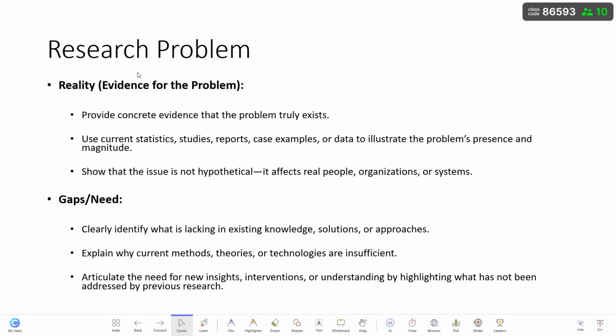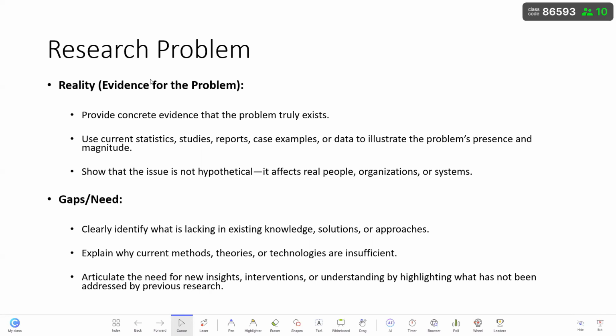So there are so many problems for research, right? In a research problem, the problem needs to be identified first, and then you go directly to the literature review to check whether sufficient knowledge is available, and whether there are knowledge gaps relating to the problem, right?